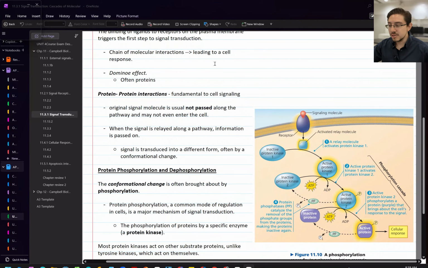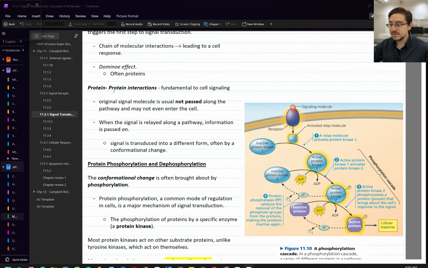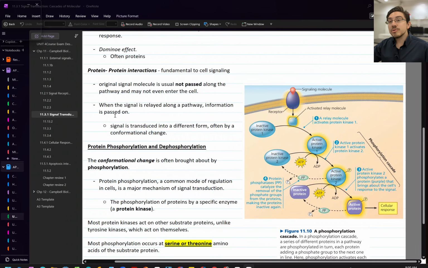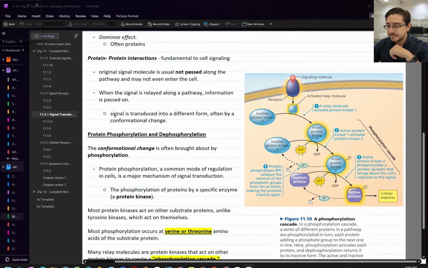You can think about this whole signal transduction pathway as a domino effect, which often involves proteins. And this usually involves the interaction between protein number 1 and protein number 2. This in itself is called protein-protein interactions, fundamental to cell signaling.